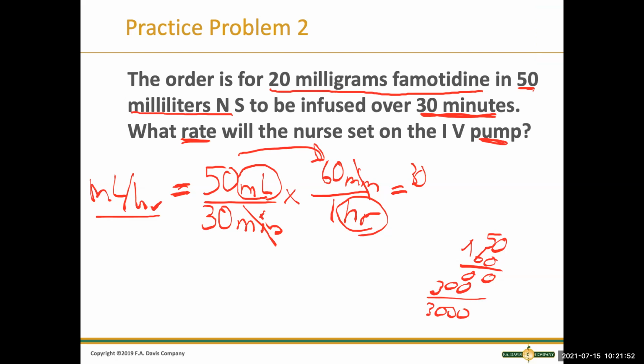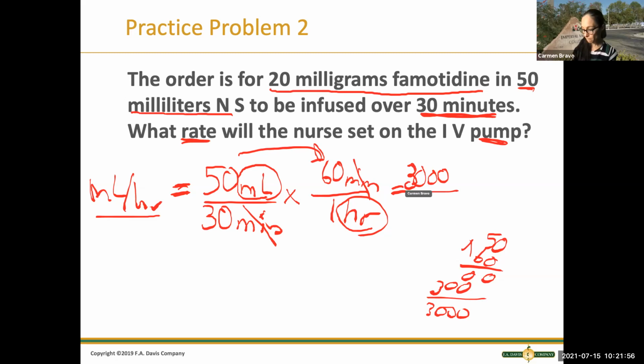So you don't need to worry so much about the medication that was ordered. That's a distractor, you guys. I don't need it because what I'm trying to figure out is the mLs per hour. A lot has to do with what it's asking you.